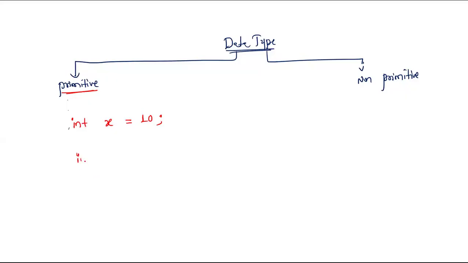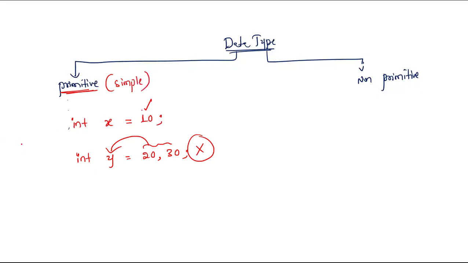But if you use int y equals 20, comma 30, I want to store. Is it possible? Not possible. By using primitive, we can store only one value at one time. This is syntactically wrong. That's why primitives are also called simple data types in Java.